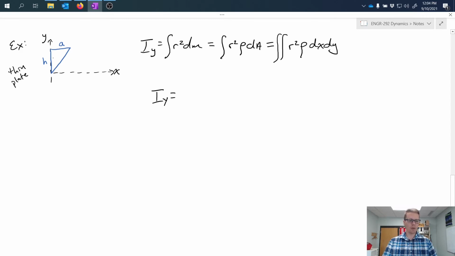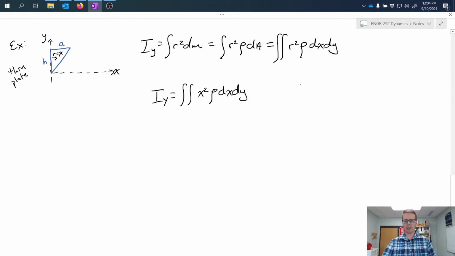So if I look over on my drawing, the perpendicular distance, which would be r, is also equal to x. So it's measured in the x direction in this case. That means that I can rewrite my double integration here as x squared rho dx dy.